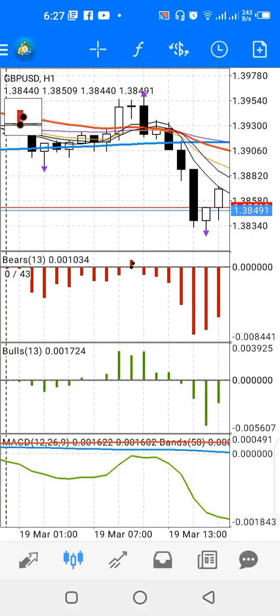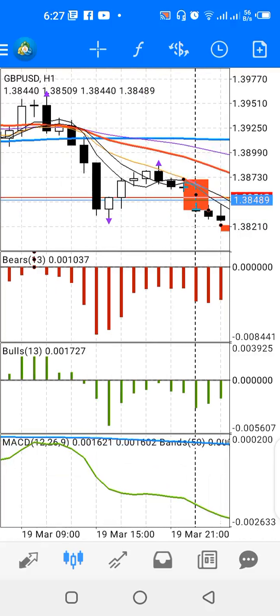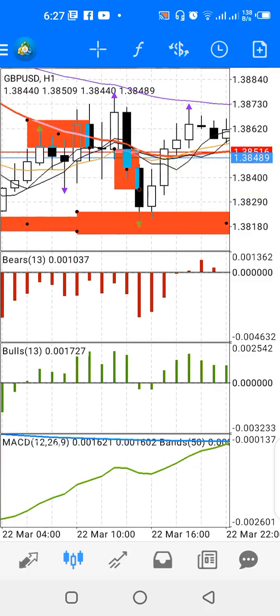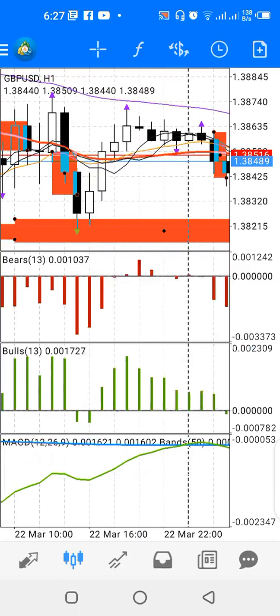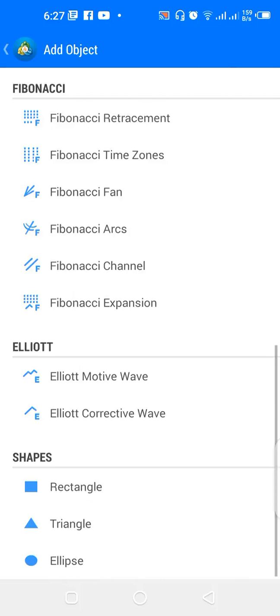You have just a lone bar developing here. That's your buy signal. The bears indicator is for bear price action, but when it develops above, it indicates a buy signal, like you have around here.